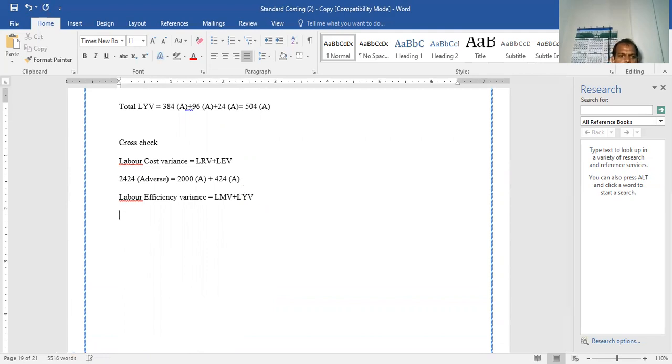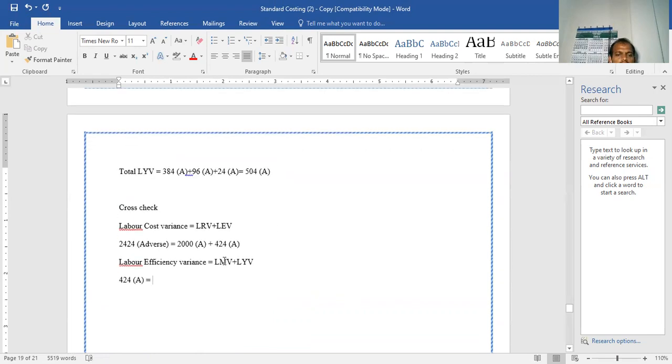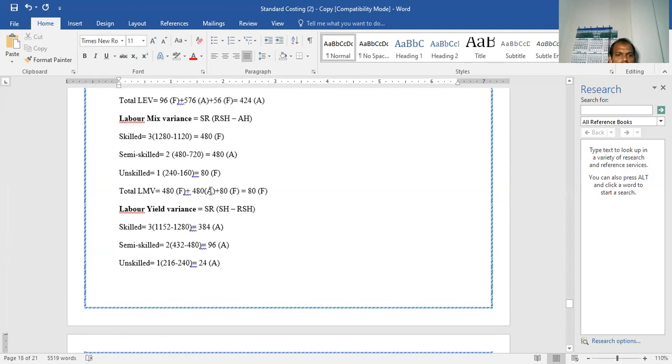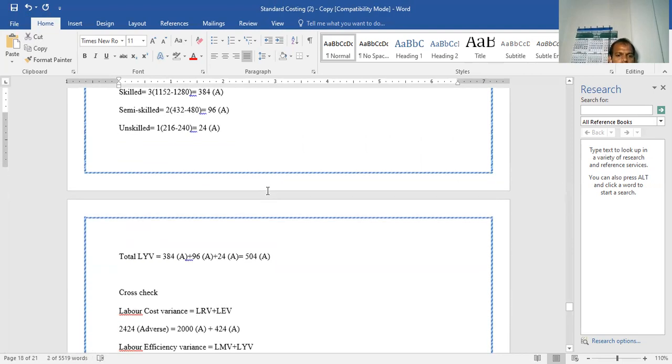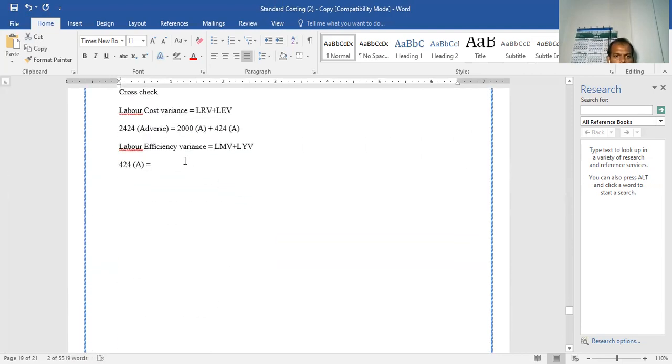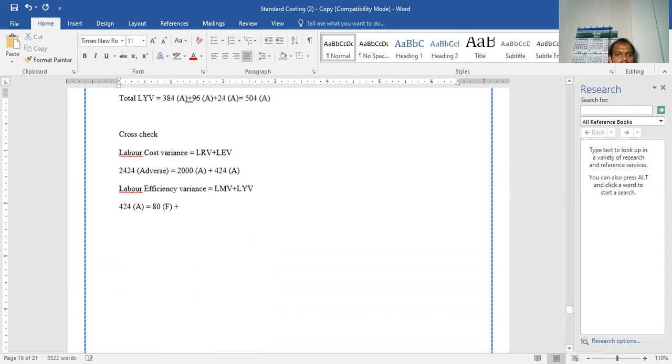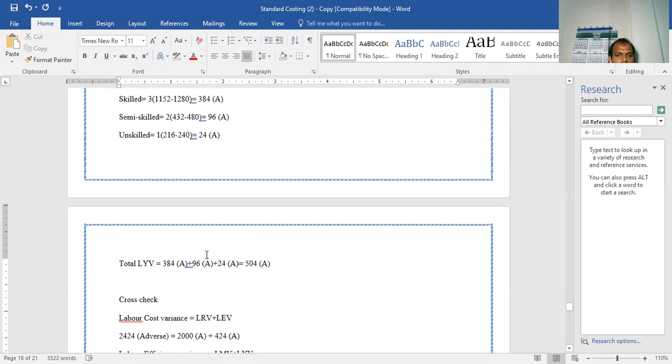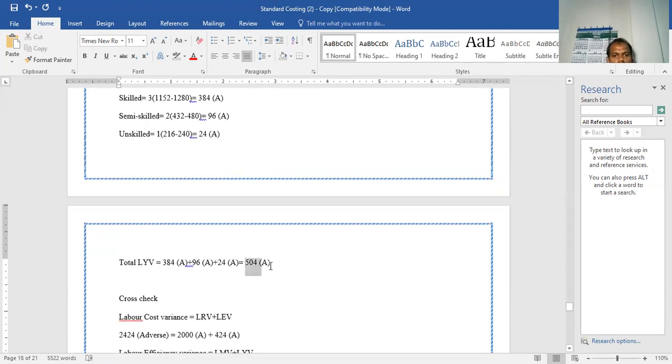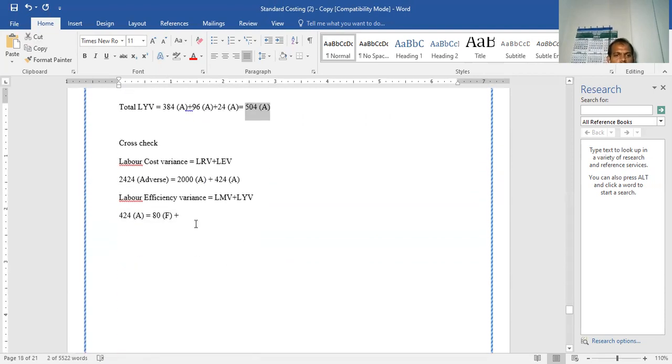So let us cross check with the labor efficiency. Labor efficiency 424 adverse is equal to labor mix variance 80 favorable variance plus labor yield variance 504 adverse.